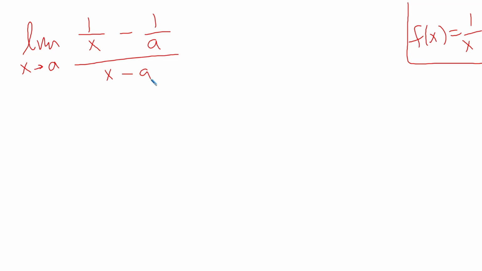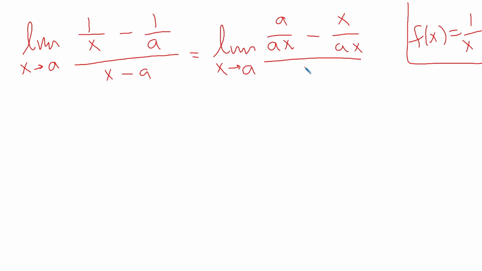This time that common denominator is just going to be a times x. So this will be a limit as x approaches a of a over ax minus x over ax all over x minus a. If we combine the numerator together, it's a minus x over ax.